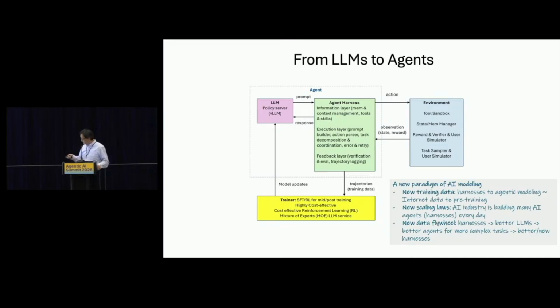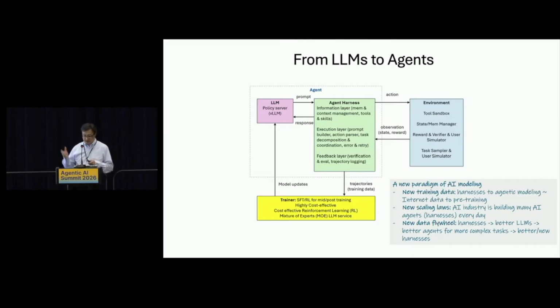But the focus of the lab is actually to develop enabling technologies to help develop the agent harness. Agent harness can be viewed as hard-coded modules and layers. They're not models by themselves, but they're modules. Most of them are hard-coded. These layers can do things that the current language model cannot do well.